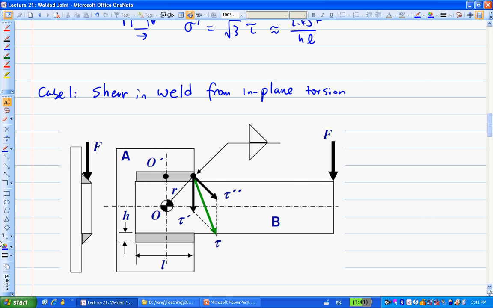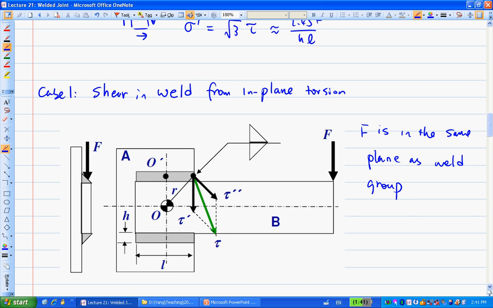This is important because every time I test this, people always confuse this in-plane and out-of-plane situation. So the F right here is in the same plane as the weld group.